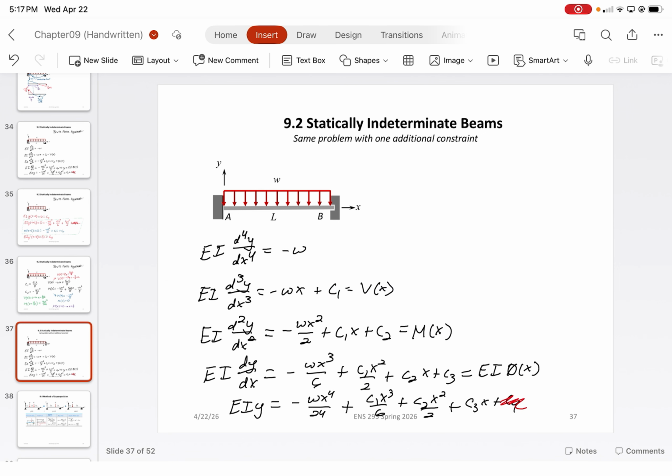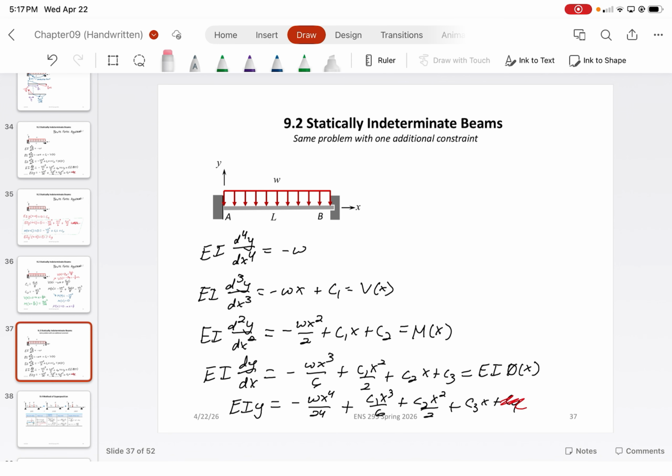So these equations here are still applicable, because they're all just dependent on W, and C1, C2, C3, and C4 are all dependent on the boundary conditions.